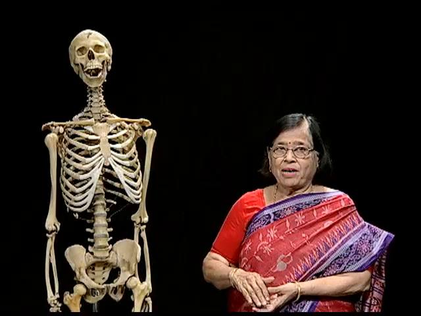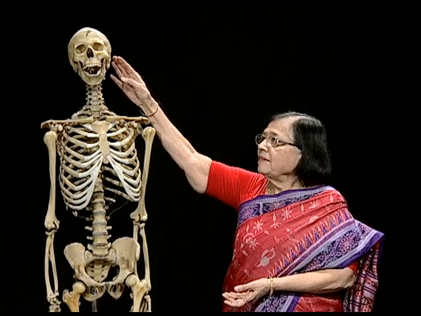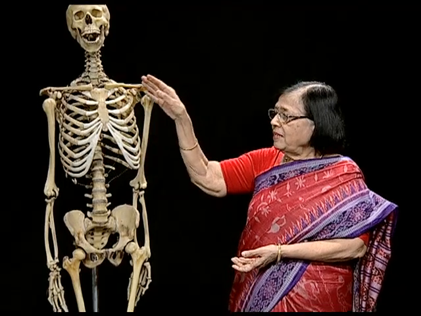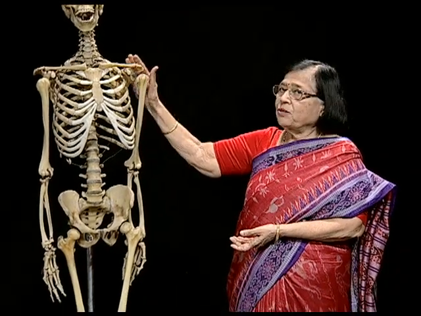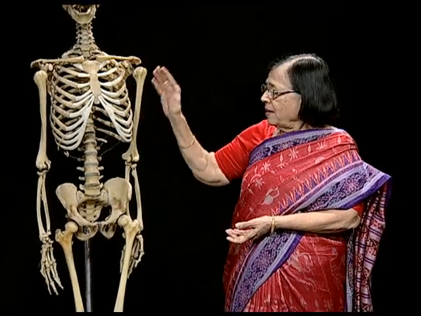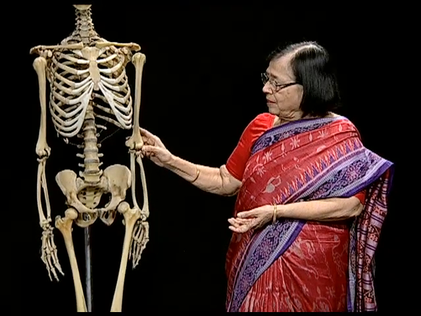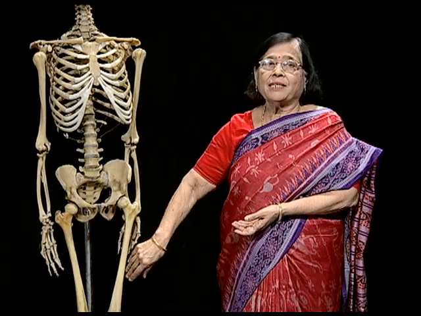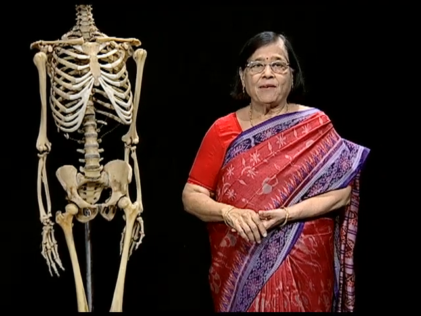With this, we have understood the skull, the neck area, the vertebral column, the rib cage, the pectoral girdle, the forelimb, pelvic girdle and the hind limb, and importance of all these bones in our body. So, children, you have seen a true skeleton.